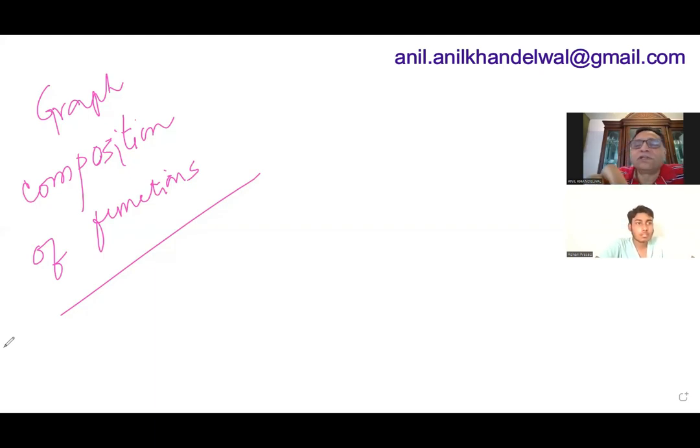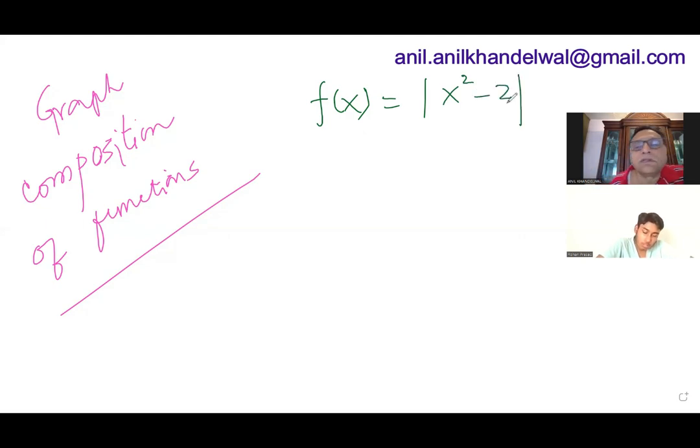For example, to give you an idea, just sketch the graph of f of x equals the absolute value of x squared minus 2. Tell me, how will you sketch this graph?